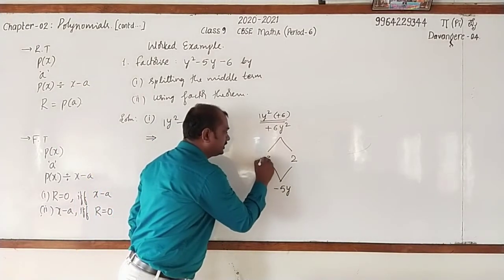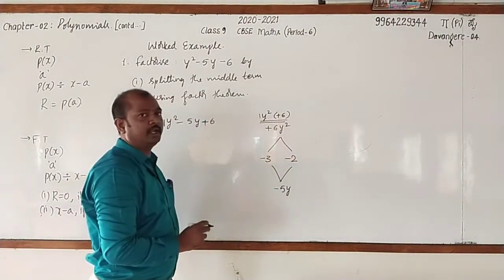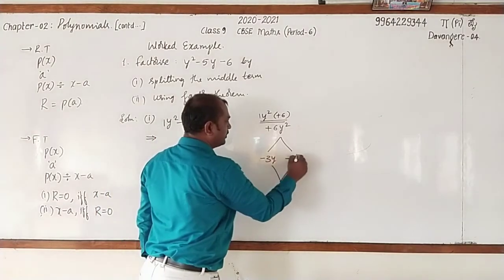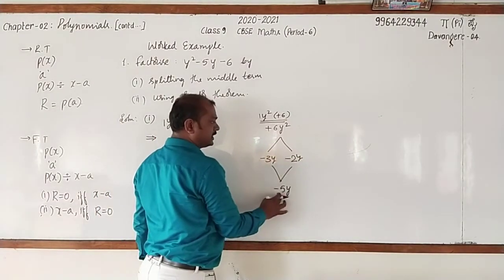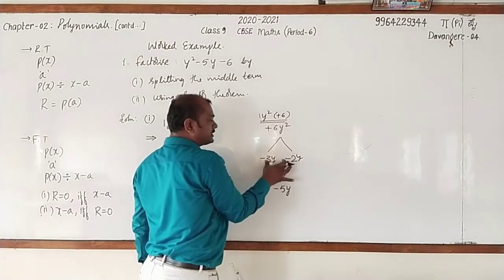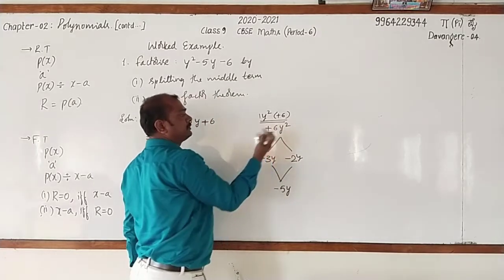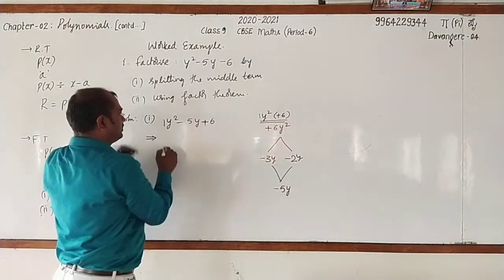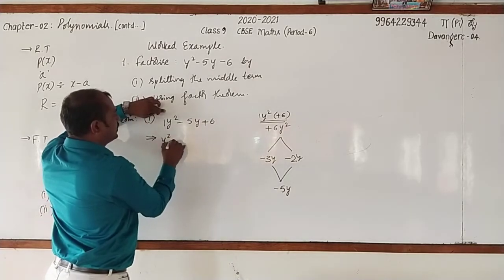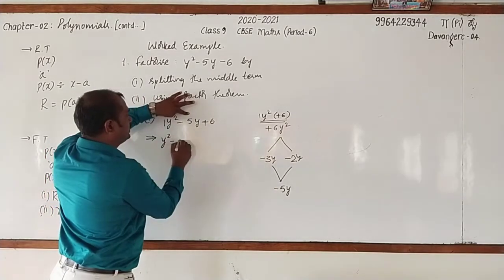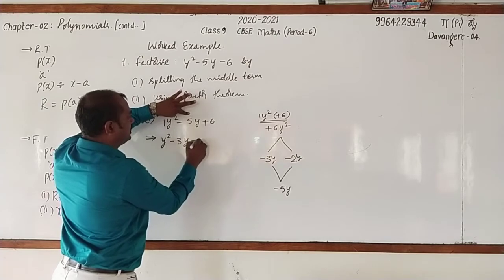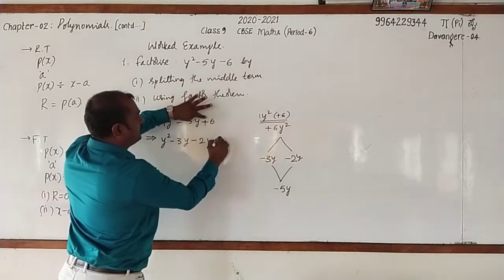Hence, I take these as minus 3 and minus 2. Observe it. Minus 3y minus 2y is minus 5y. Minus 3y into minus 2y is plus 6y square. Here I'll write y square minus 5y plus 6 can be written as y square minus 3y minus 2y plus 6.